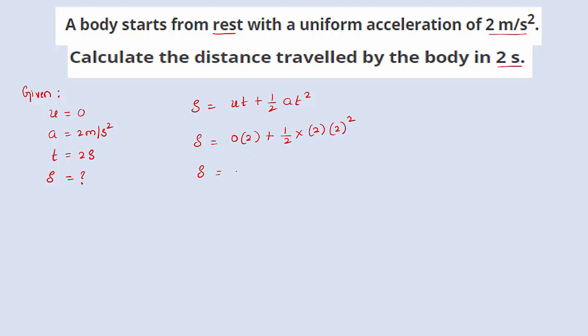Don't go for calculation directly, otherwise you will lose 1 mark, because substitution carries 1 mark, calculation carries 1 mark. So 0 into 2 will be 0, plus here 2 will get cancelled. 2 square is 4. So what is the final answer? S equals 4 meter. We have to write the SI unit. So the distance travelled by the body is 4 meter.